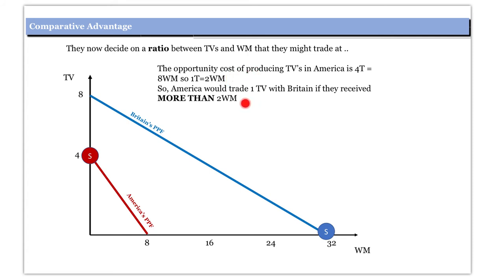So America is going to trade from the TV, their 4 TVs. They're going to give up a television. Internally, they would get 2 washing machines. So they are going to trade if you give them more than 2 washing machines. In other words, you give them 3 or 4 or 5 or 6 or 7. So it's anything that's above 1 to 2.